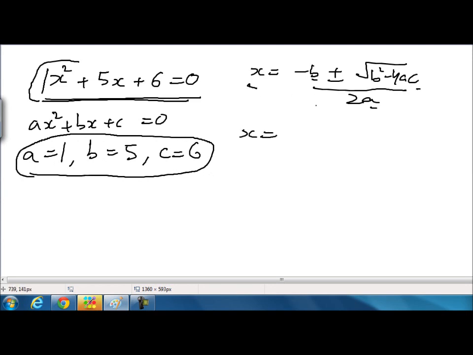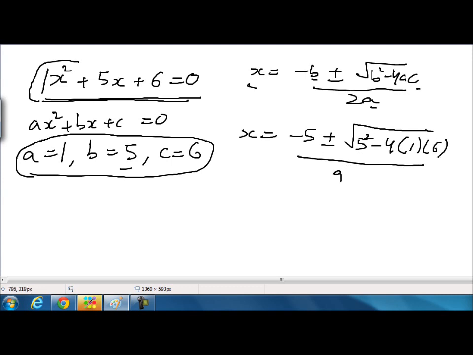So x is equal to minus b, it's minus 5, plus minus under root of b square minus 4ac. b is 5, so b square is 5 square, minus 4 times a, where the value of a is 1 and the value of c is 6, divided by 2a, and the value of a here is 1.